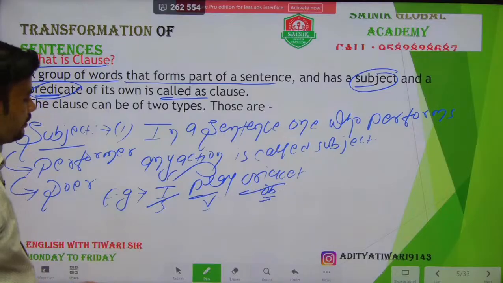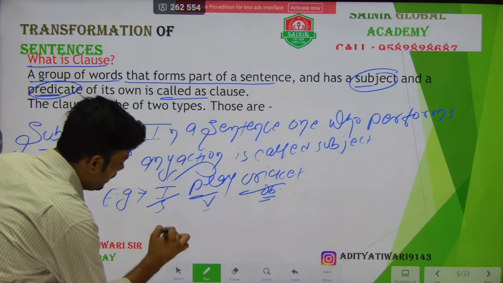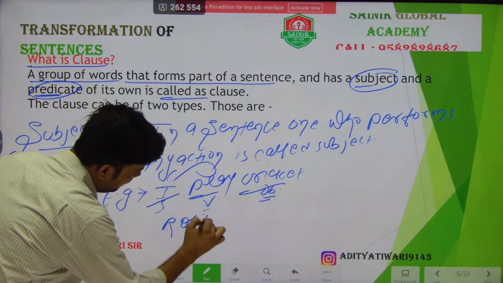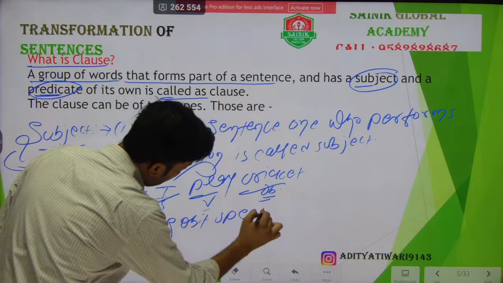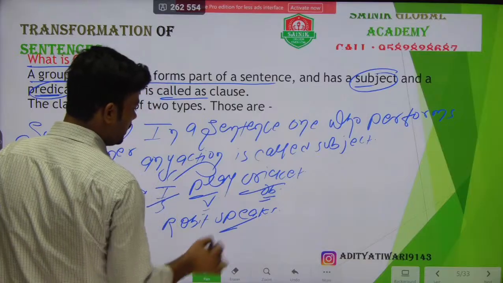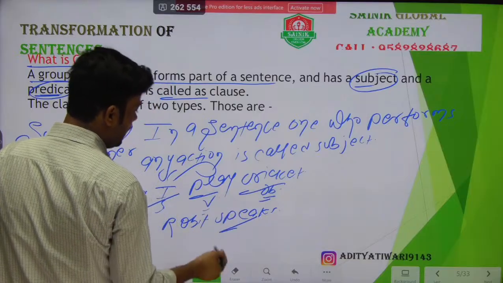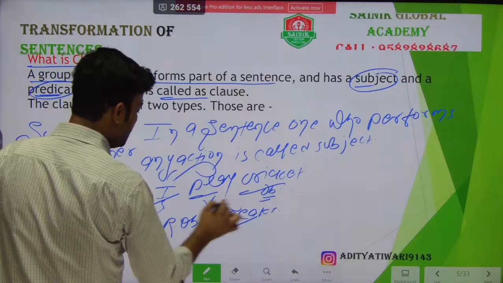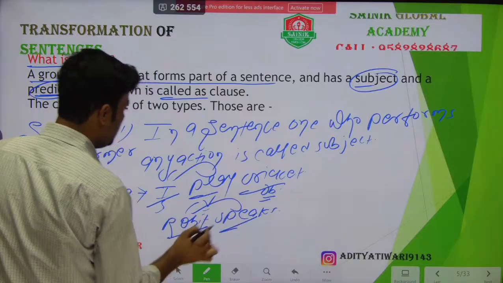See some more examples here. If I write, Rohit speaks. In this sentence what is the work? Here the work is speaking, and who is speaking, beta? Rohit. So Rohit is a subject.